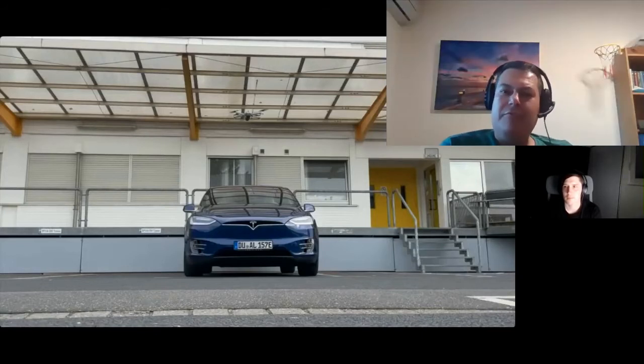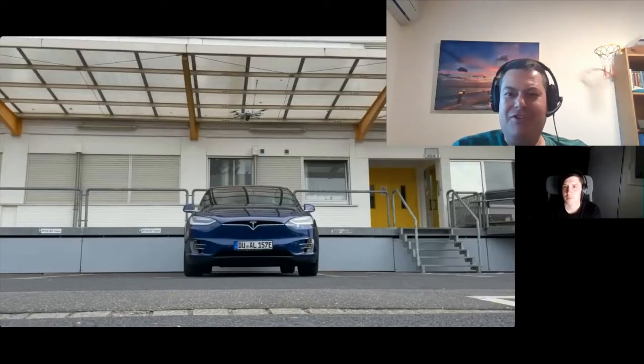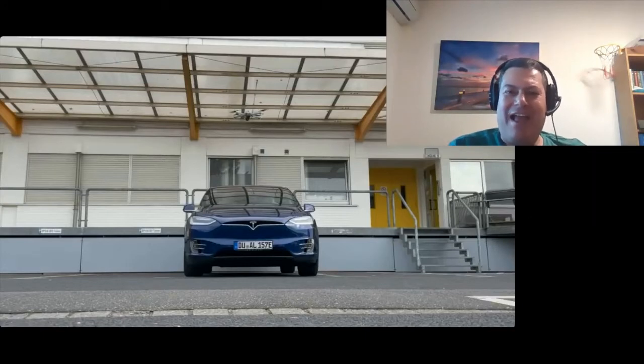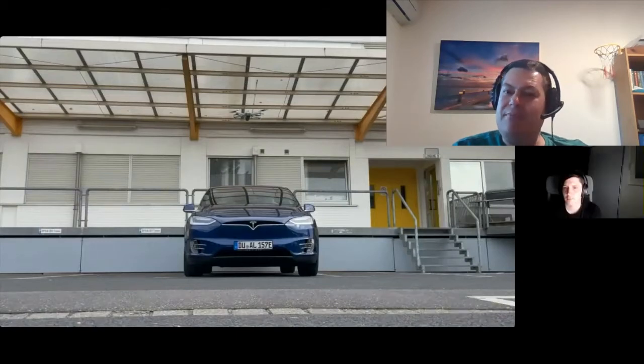So the colorful part is they used a drone to provide a Wi-Fi access point through which they connected to the Tesla. Some very nice video shots. But the really interesting part is what they actually bypassed in order to get this exploit to work.